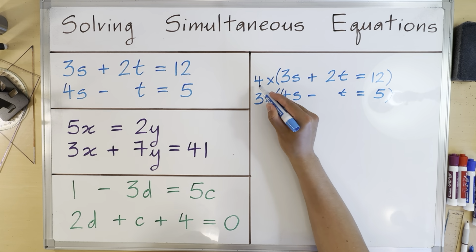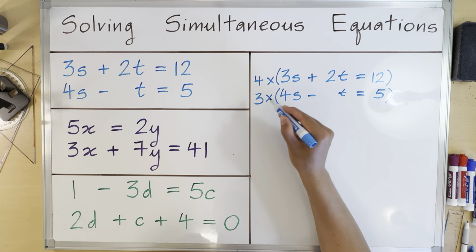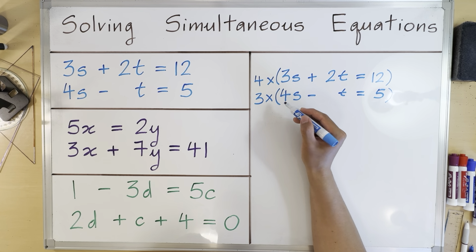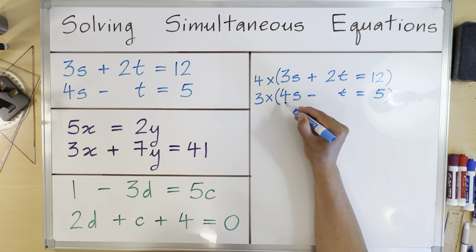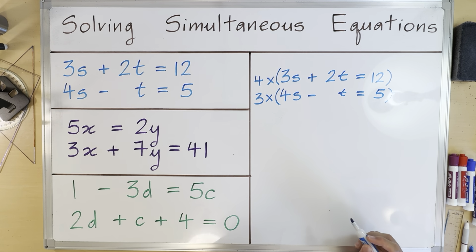Because 4 times 3 gives us 12, so this will become 12s, and 3 times 4 also gives us 12, which will result in this 4s becoming 12s as well.